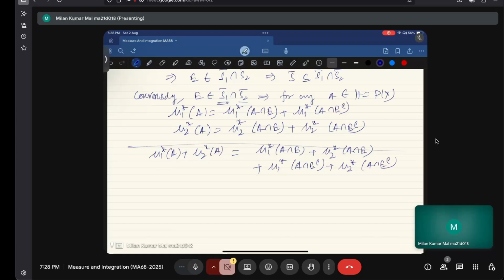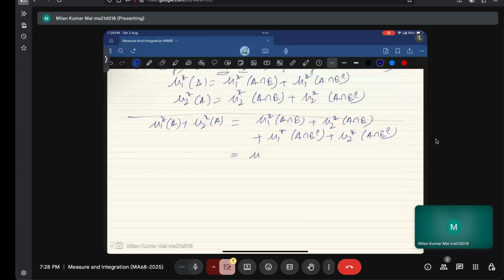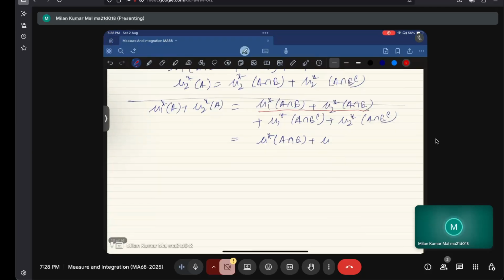That says that the first term is mu star A intersection E, and the second term is mu star A intersection E complementary, and also this is equal to mu star A. That implies that E is measurable with respect to the outer measure mu.